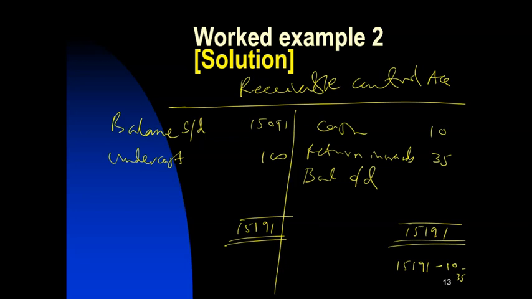Let me just use my calculator here. 15,191 minus 10 minus 35. I get 15,146.